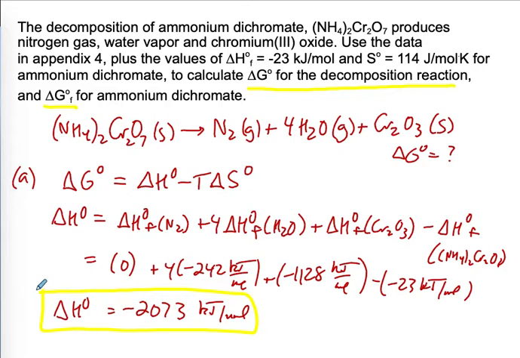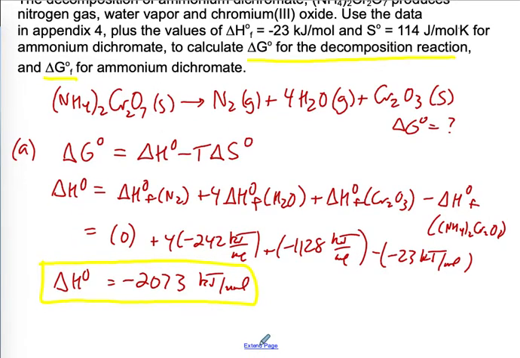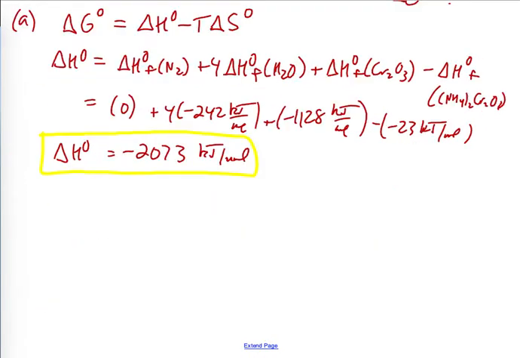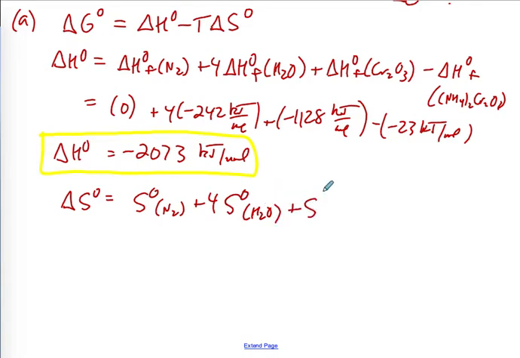I can do the same to calculate the standard entropy change for this reaction. Delta S naught is going to be the standard entropy of nitrogen gas plus 4 times the standard entropy of water vapor plus the standard entropy of chromium 3 oxide minus the standard entropy of ammonium dichromate.